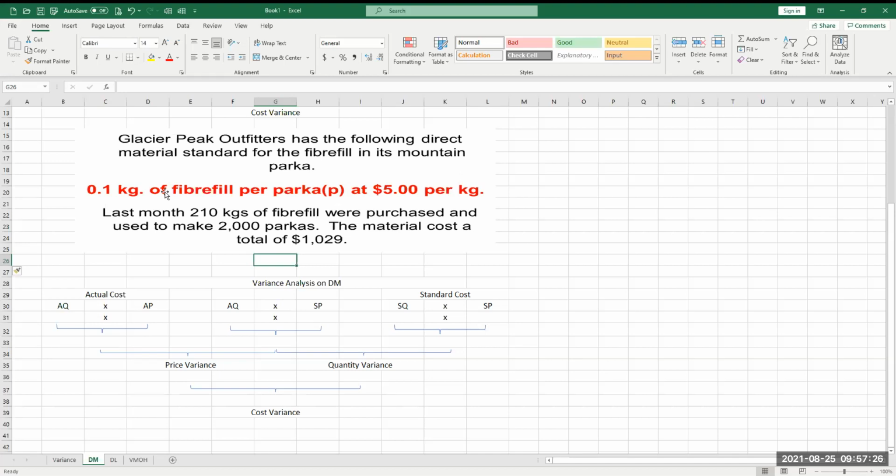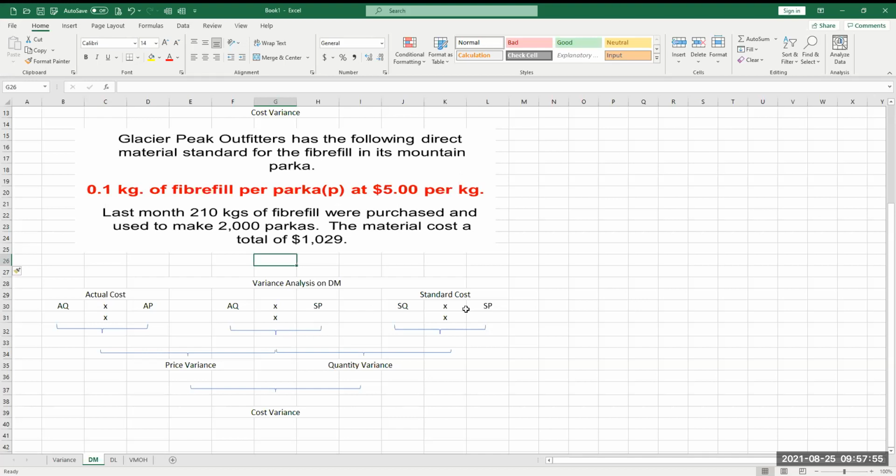So from our standard, how many kilograms per fiber park are we using to produce 1 unit? Obviously, that will be 0.1 kilogram, correct? That's our standard. And our standard unit price for that fiber fuel is $5 per kilogram.